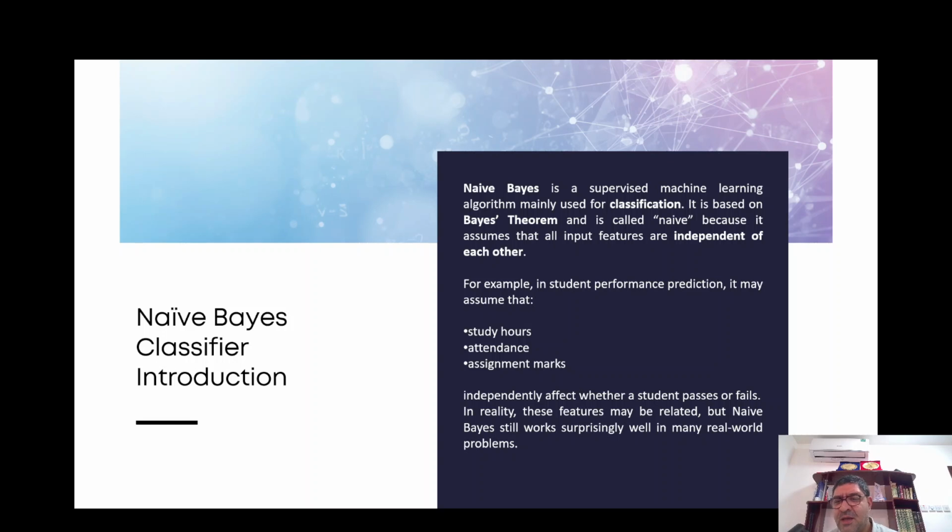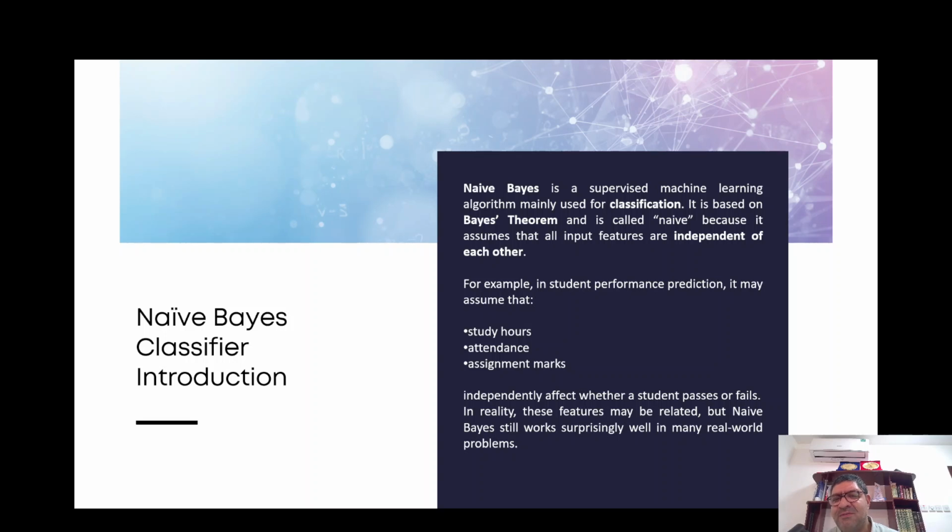That means if the student's study hours are less and the attendance is also less, it's probably a fail case, or the classification will be failure. In the same manner, if assignment marks, study hours and attendance are all higher, the model will predict it as a pass case.